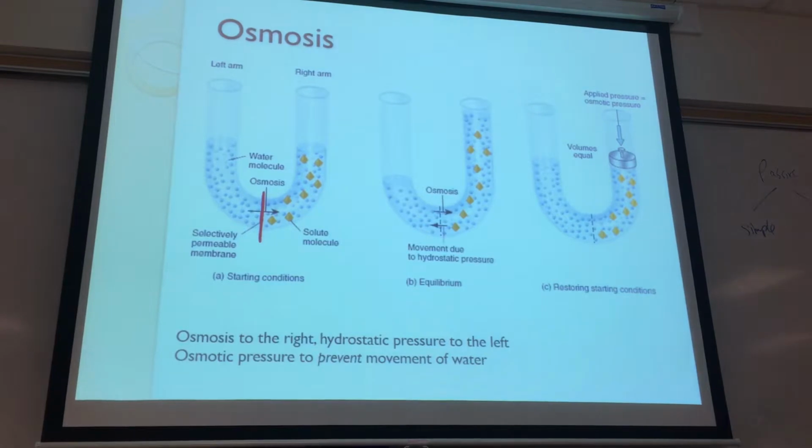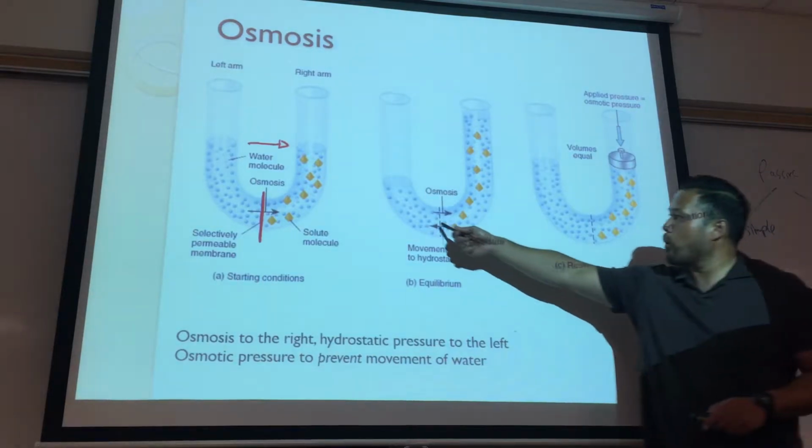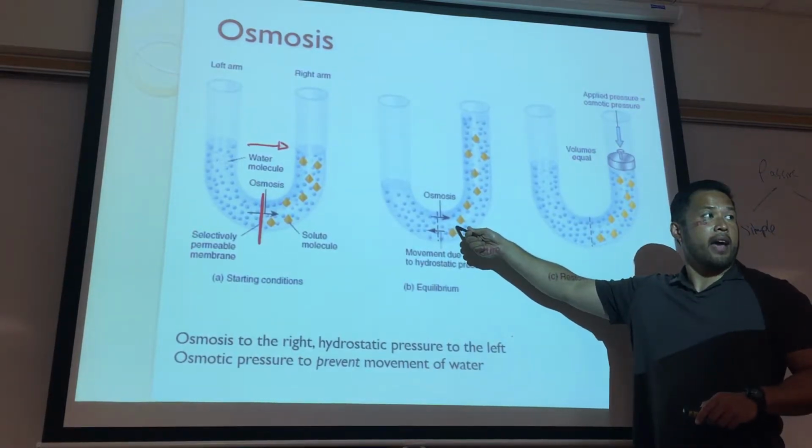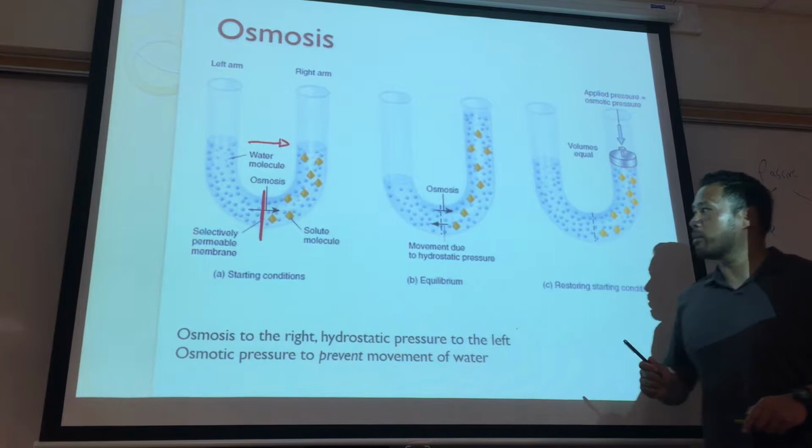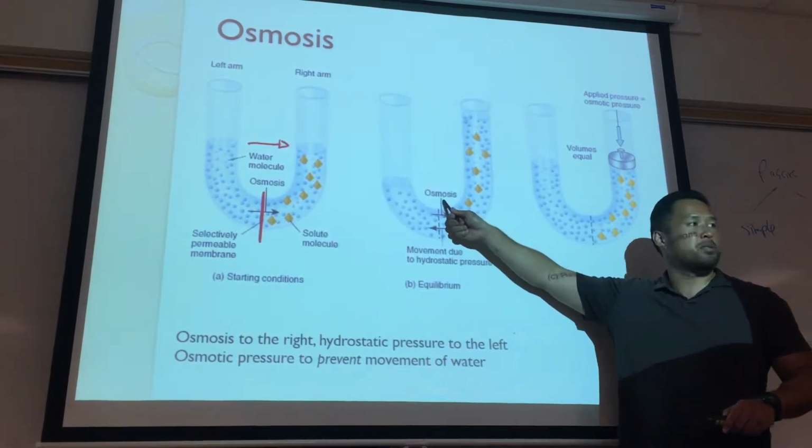So if I had, let's say, 10 diamonds to the right and 2 diamonds to the left, water wants to move in this direction to balance out those concentrations. And eventually, what you would see is that water would want to move to the right. And that movement of water through that selectively permeable membrane is called osmosis.